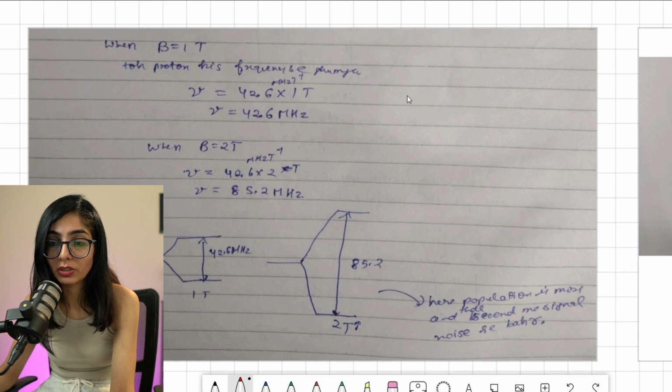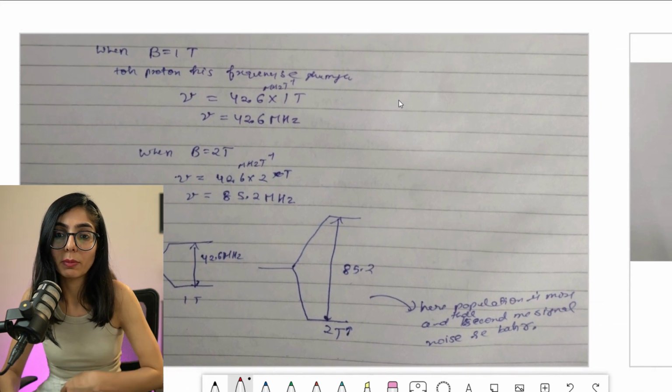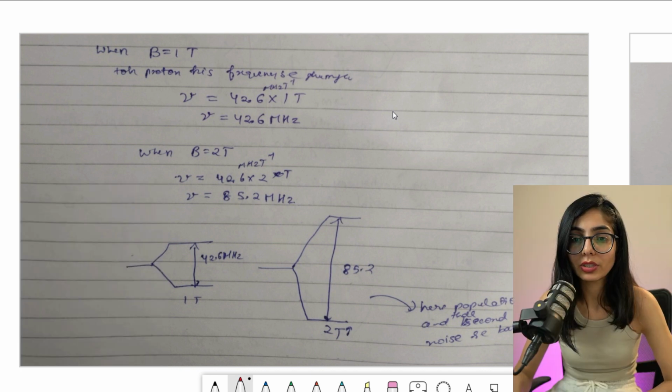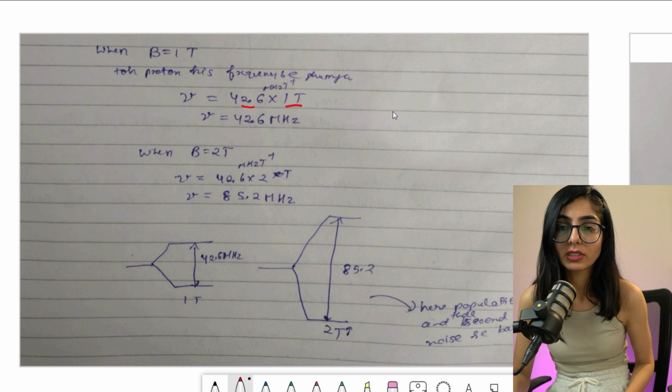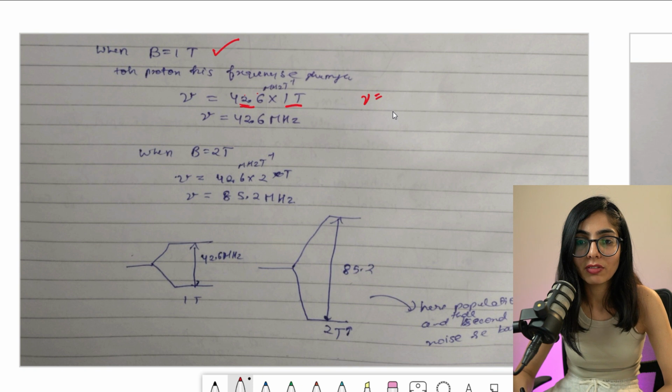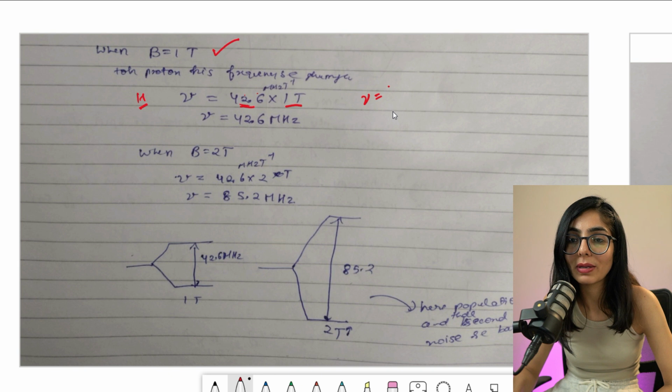So there is one more thing over here. Suppose there is one deduction. If you say that nu is equal to gamma into B, with gamma in terms of this. So B is equal to, suppose, 1 Tesla, so nu would be, this gamma is already divided by 2 pi over here. Can you see it is 42.6? For hydrogen it is there. You must be thinking, okay Komal, you told us that it is gamma B by 2 pi.